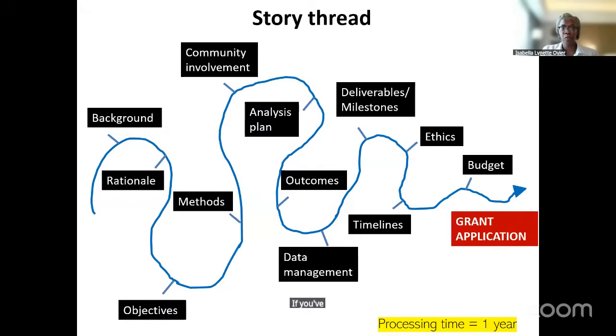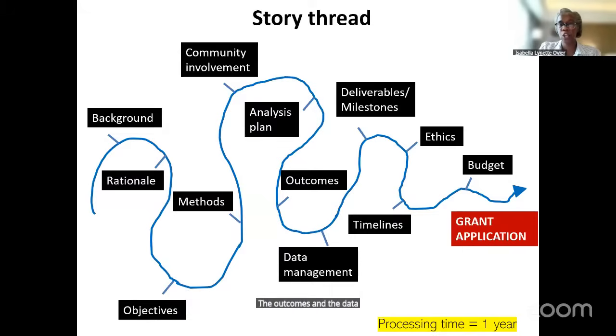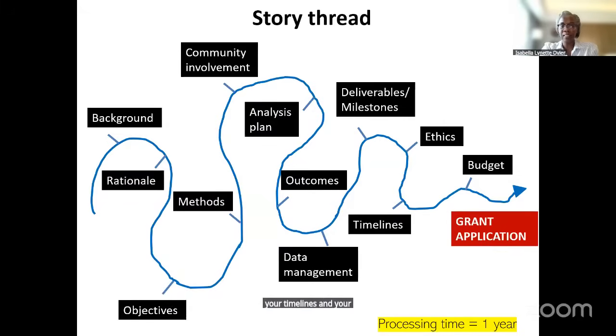If you've involved the community in that discussion to formulate your ideas, your analytical plan, the outcomes, any data management, your deliverables or milestones, ethics around the work, whether you need to get ethics for it or thinking about ethics around it, your timelines and your budget, all need to stick to this story that's being said, so that there's a coherent piece to develop that grant application.